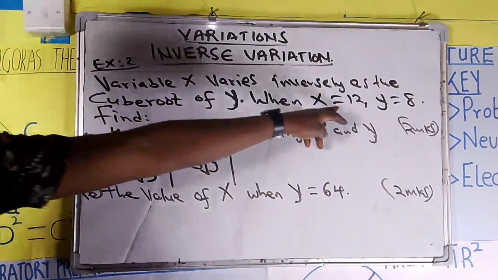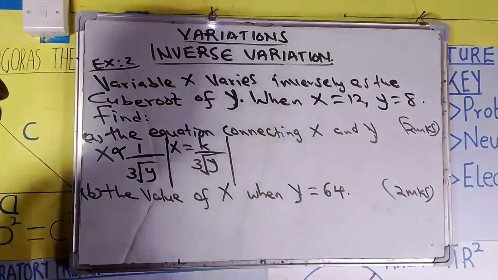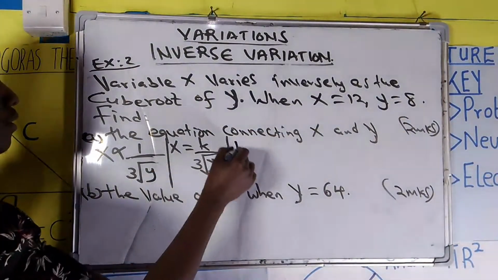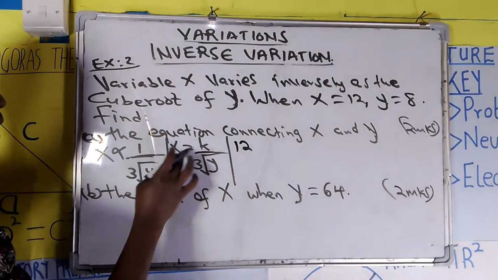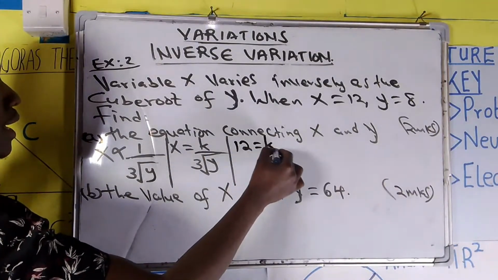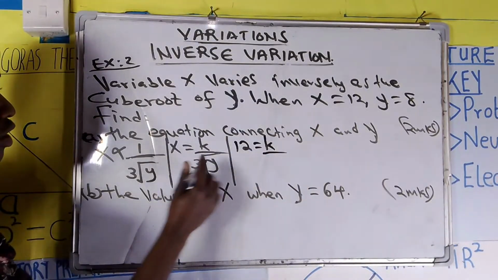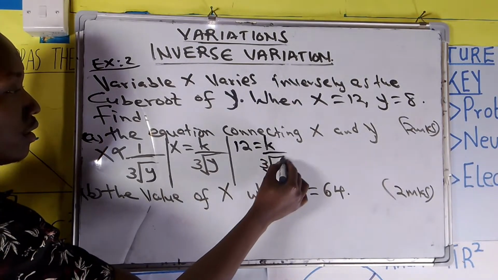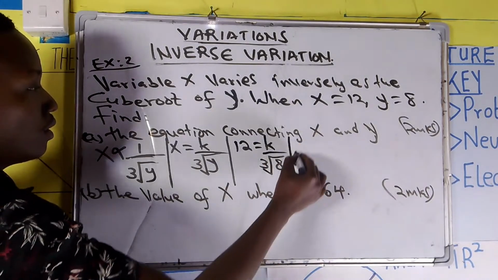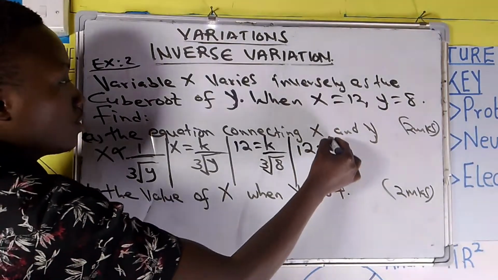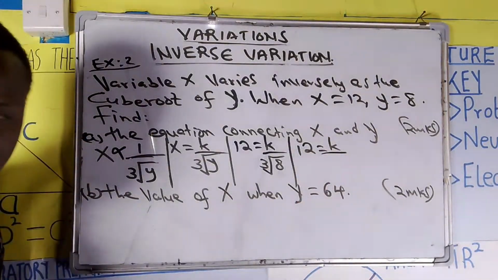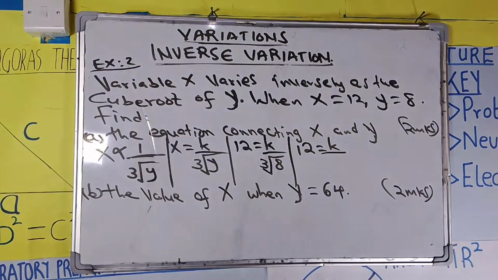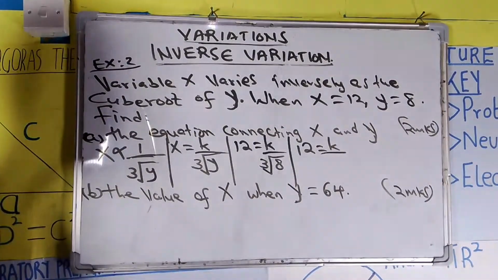When x is 12, y is 8. So y is 8, it will be equal to k over cube root of 8. So 12 is equal to k over, what is the cube root of 8?